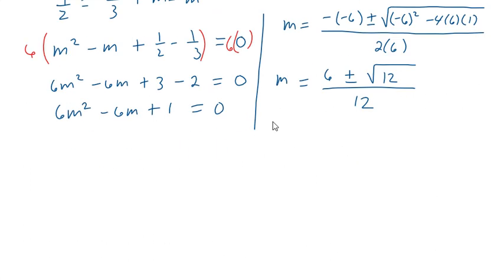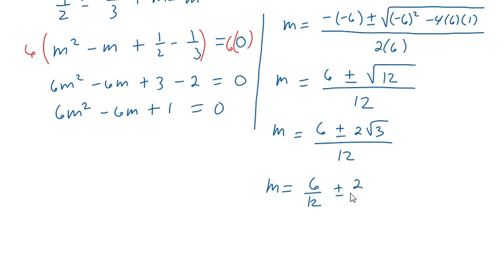Okay, so this is equal to 6 plus minus 2 square root of 3, all divided by 12. Or, this is the same thing as 6 over 12 plus minus 2 over 12 square root of 3.